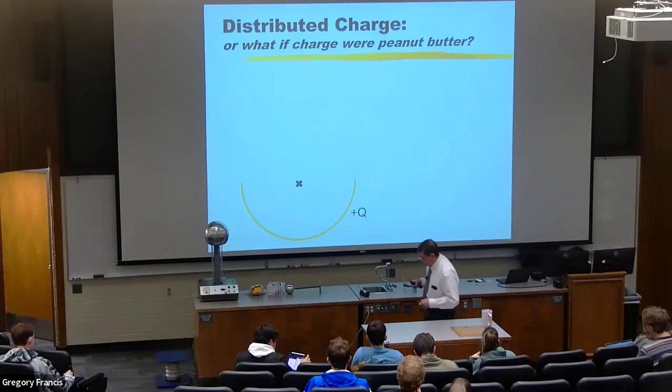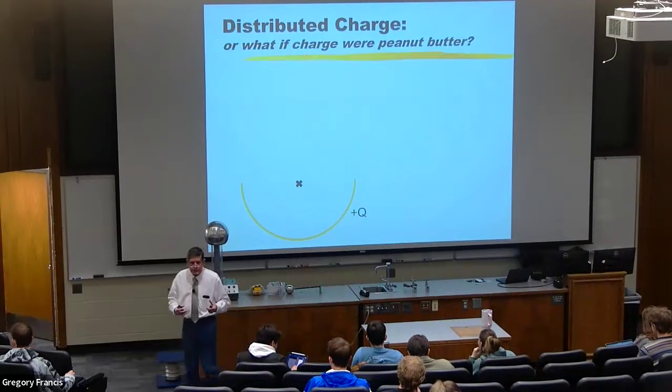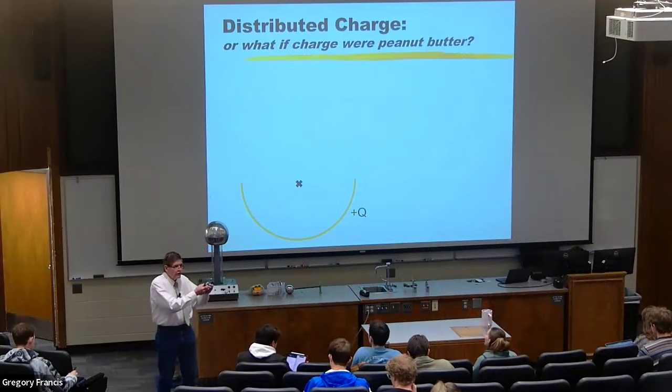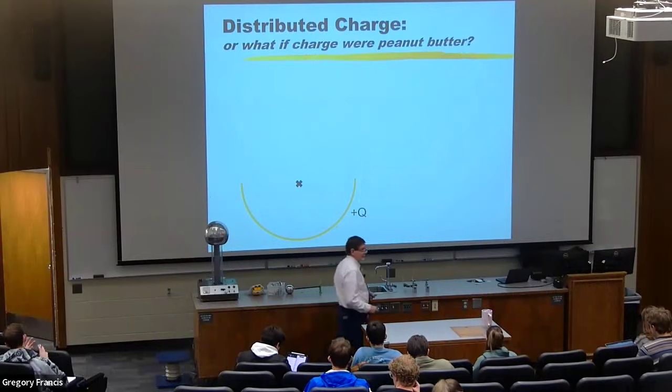Let's look at this from the tutorial. I hope everyone has figured out how we deal with extended charges, where we take the charge and we smear it like peanut butter along, in this case, a hemispherical rod, okay?